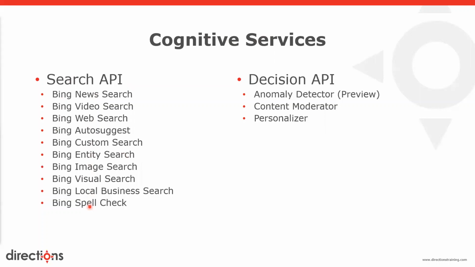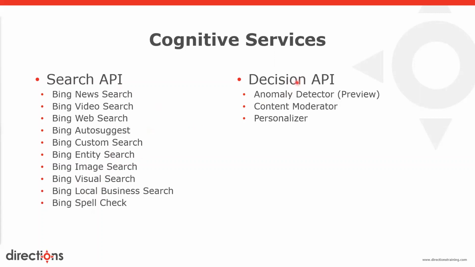So when they search for something, only gives that solution from Microsoft. Something different, something related won't be there. Or specific images, local businesses. So there are different options that we have available to provide within our applications.